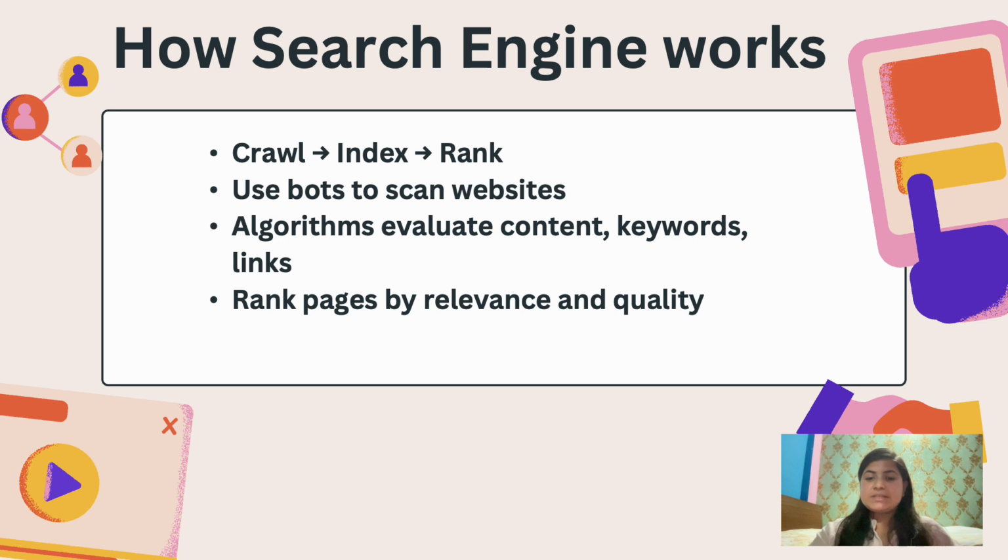Search engines use bots to crawl web pages, scanning content across the internet. Then they index that information, organizing and storing it. Finally, they rank pages using algorithms based on things like keyword relevance, content quality, backlinks, and user engagement signals.